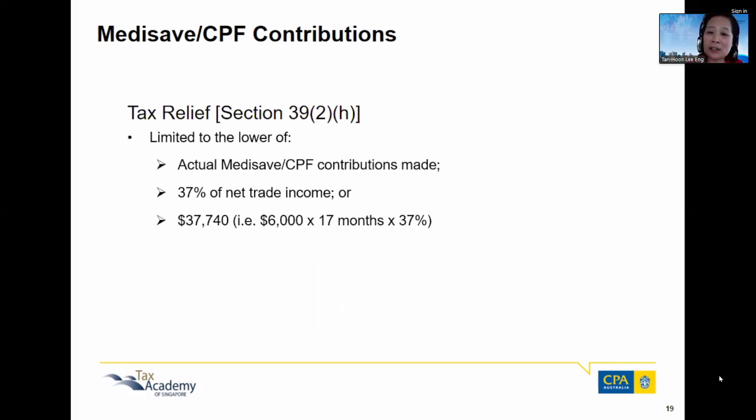So what is the actual MediSave contribution that was made? Then look at 37% of net trade income. Then look at 37,740, which is the ceiling. The lowest of the three will be the amount of tax relief. The next slide will show you an example.